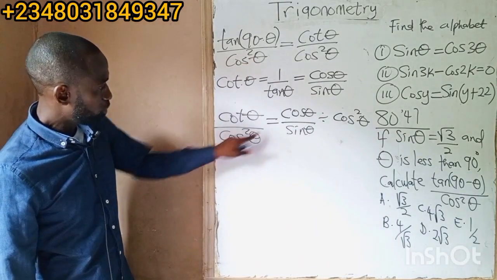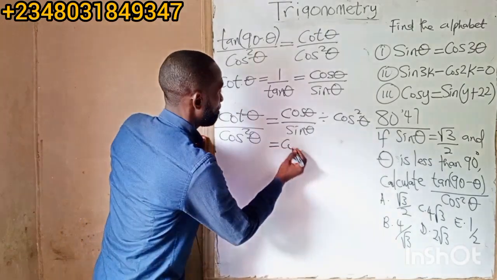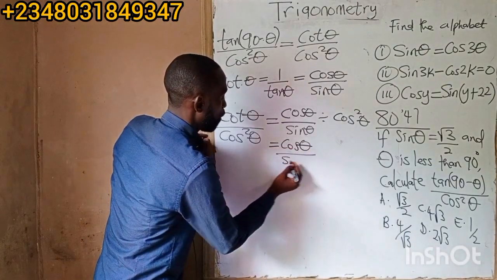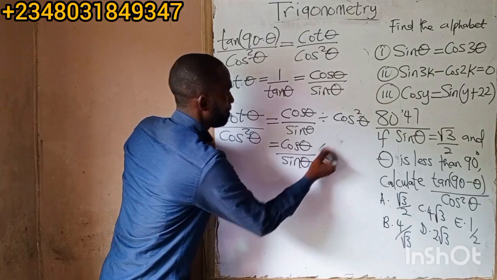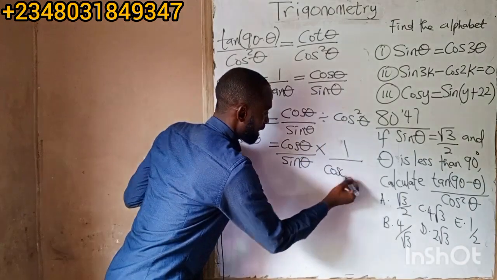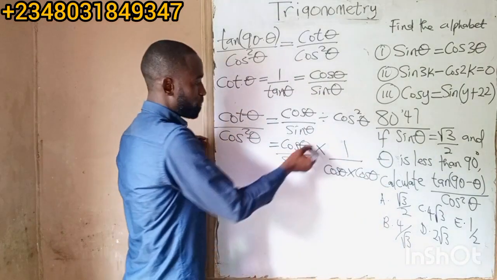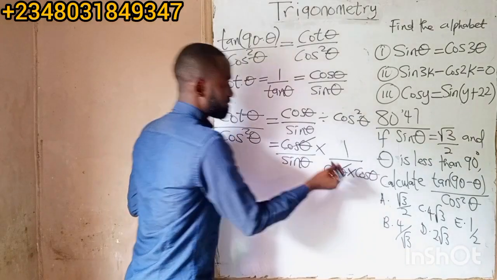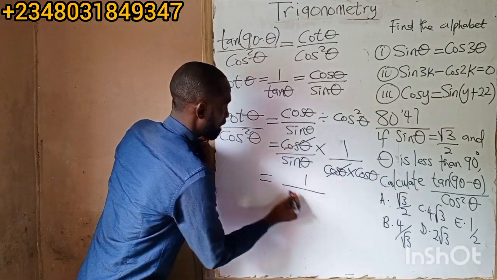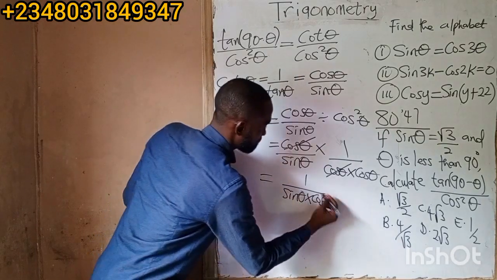Cot over cos square theta. Cot is this, divided by, so what do I have here? We have cos theta all over sin theta times 1 over cos square theta, which means cos theta times cos theta, making it twice. So this one will cancel out, now having 1 over sin theta times cos theta. So that's what I'm having.